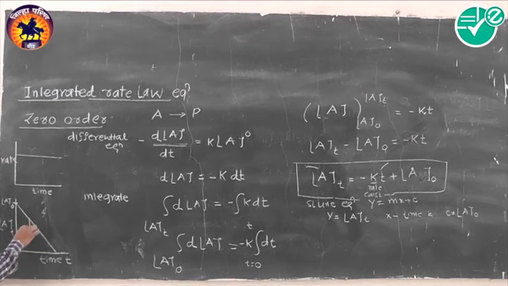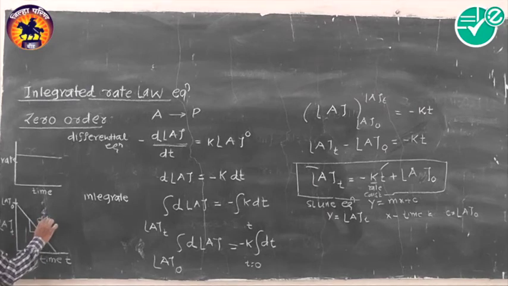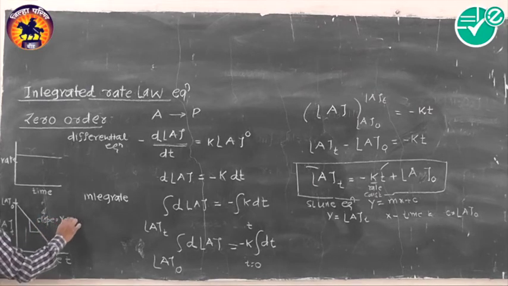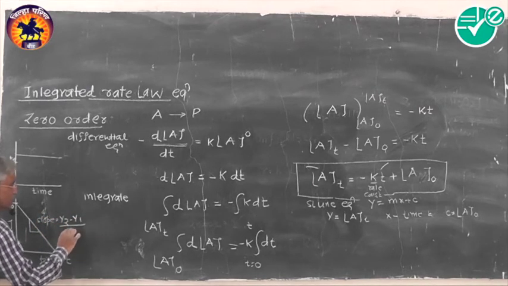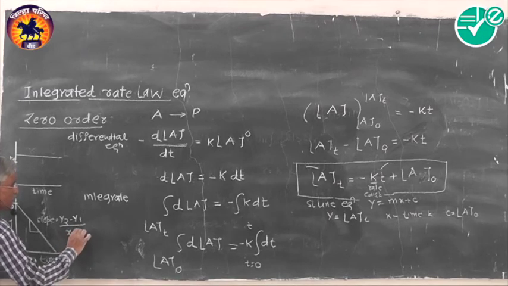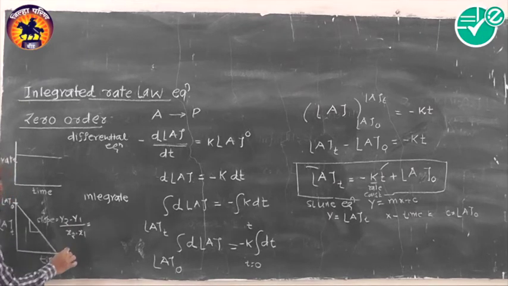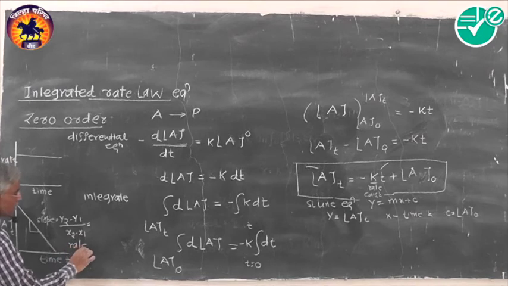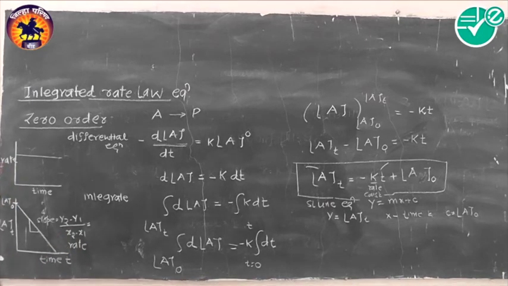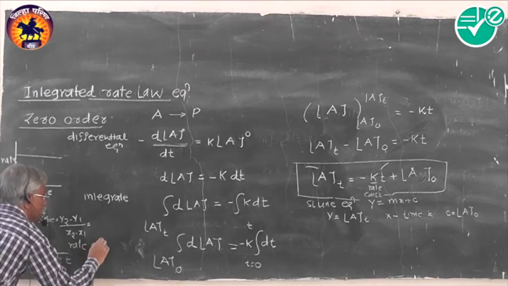And by taking any 2 points on the y-axis and 2 on the x-axis, the slope which is equal to y2 minus y1 divided by x2 minus x1, this slope will be equal to the rate, which is equal to minus k.